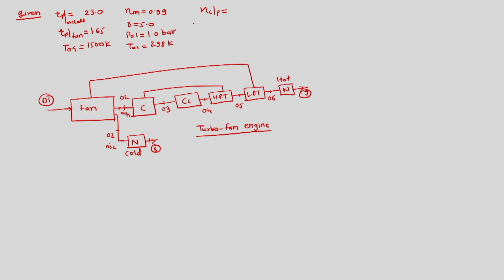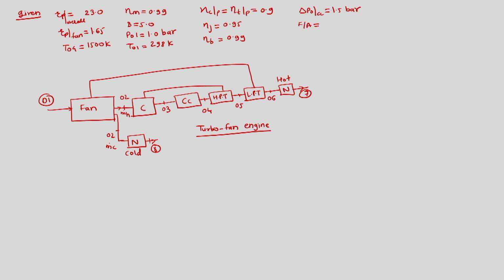Compressor and turbine polytropic efficiencies are given as 0.9. Efficiency of both the nozzles, hot or cold, is given as 95%. Then we have burner efficiency as well, given as 0.99. Delta P naught in the combustion chamber is 1.5 bar.